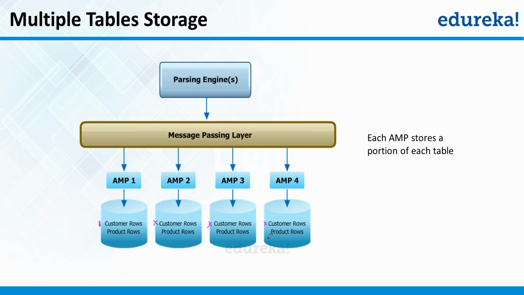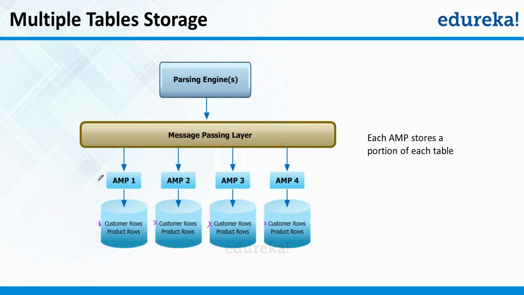Okay, so you can think of tables as containers of data. You can have an empty container with no data in it, or you can have a container with data in it. But that container will be there on all your vdisks. AMPs are responsible for the vdisks. So as we move forward, people will say AMPs. The moment they say AMPs, you will have to think in your mind, okay, that's a processor that has a vdisk attached to it, and that's an AMP.